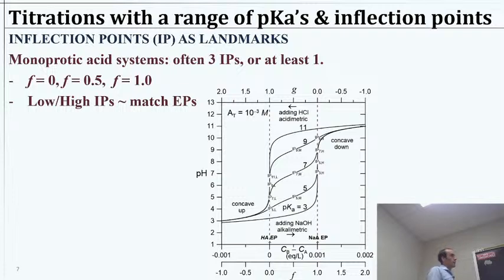Now, I mentioned this already, but typically we have inflection points that are approximately f equals 0, f equals 0.5, and f equals 1. So we have 4 different conditions here. We see this is drawn with f, so f from, I guess, -1 to 2.